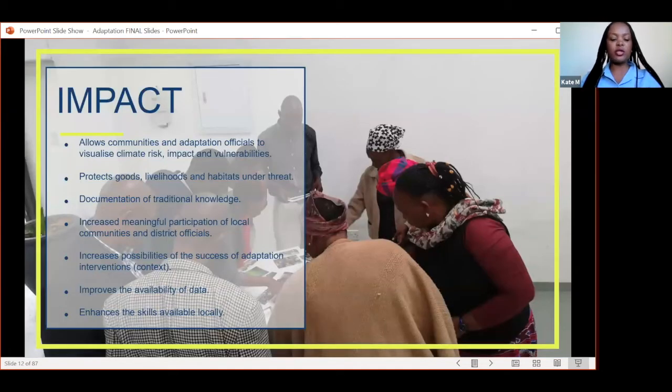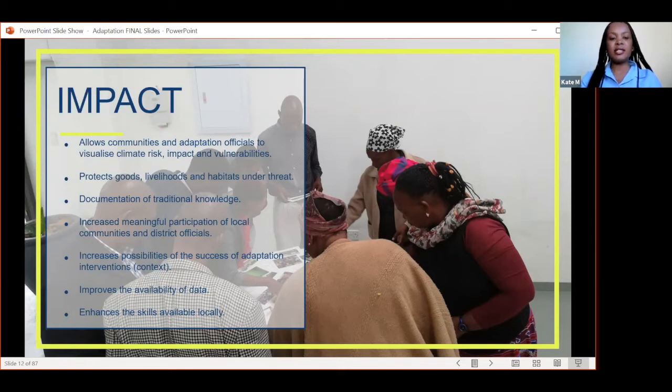So how is this tool going to impact communities? This tool is going to allow communities and adaptation officials to visualize climate risk, to visualize the impacts and the vulnerabilities that come from climate risk. And it is going to allow for targeted solutions and interventions instead of generalizations that usually miss the mark.